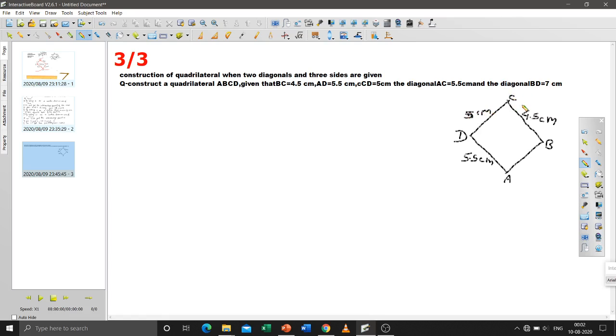Diagonal AC is equal to 5.5 centimeter. And diagonal BD is equal to 7 centimeter.